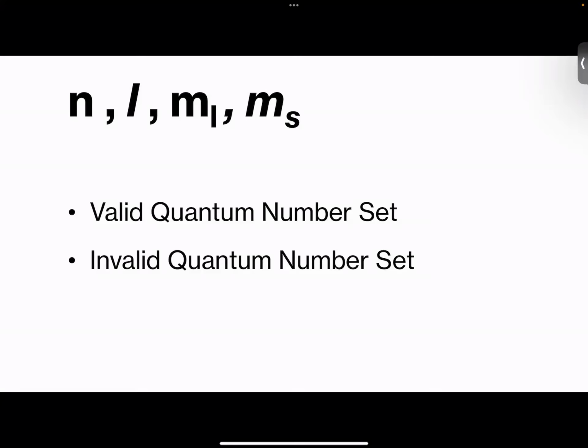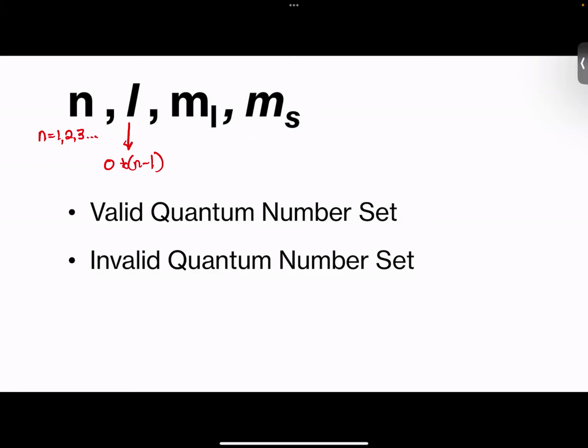What are those rules? Well, n has to be equal to a whole number. L has to be anything from 0 to n minus 1, so it's based off of that n value.